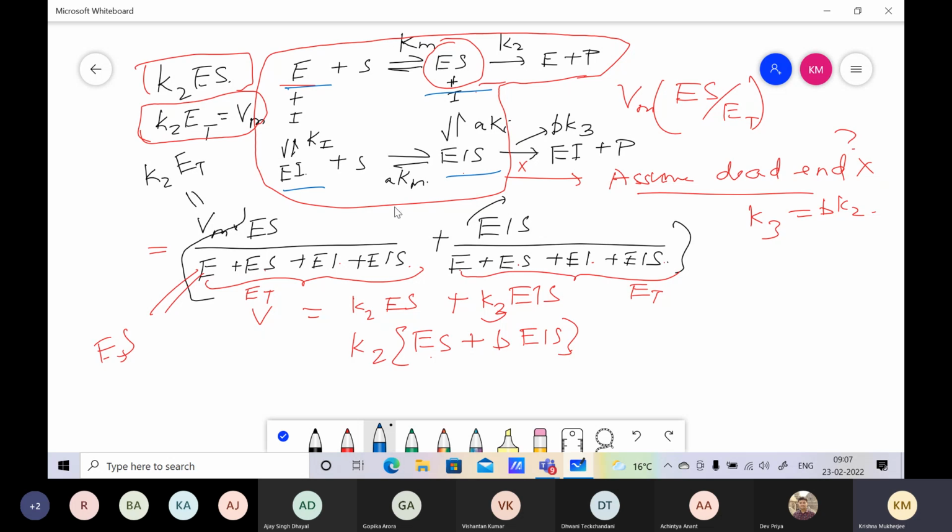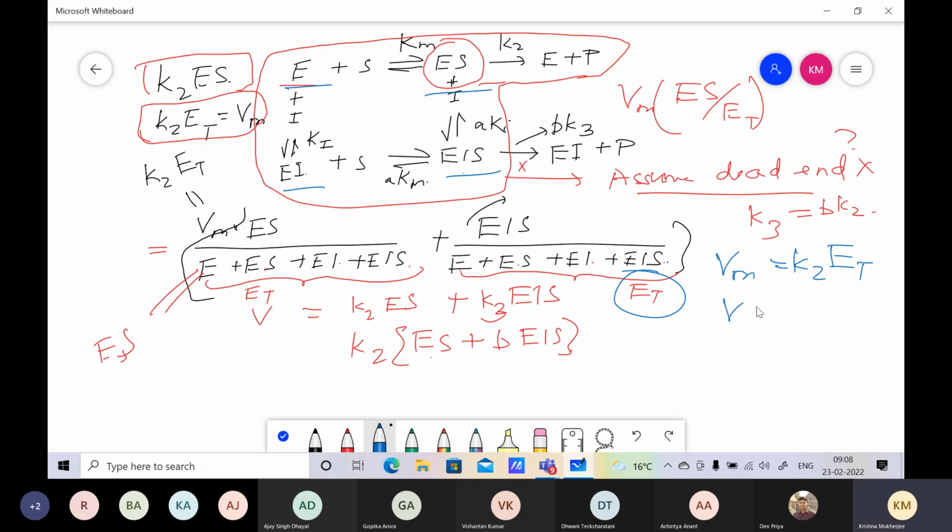But since in the reaction mix you are going to add ET, you don't know how it is distributed. So you will say that the maximum reaction is when everything is ES. All the ET is essentially equal to ES. So Vmax is nothing but K2 into ET. That is why Vmax increases as ET increases.